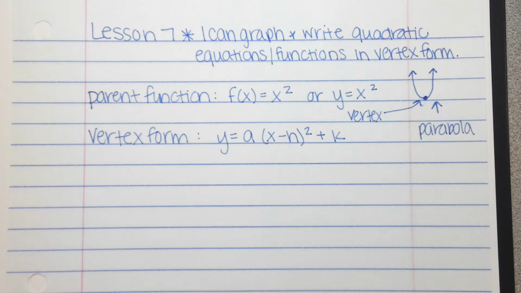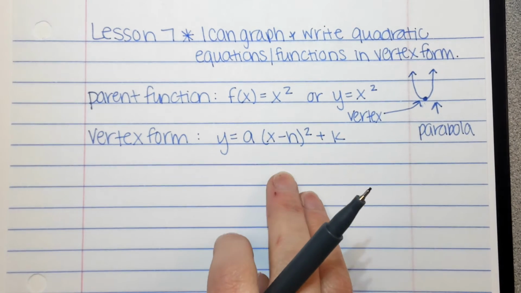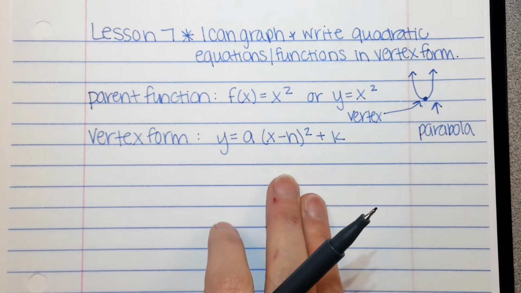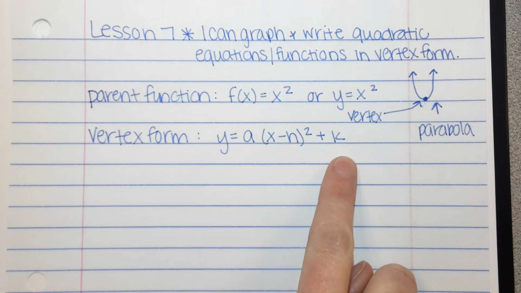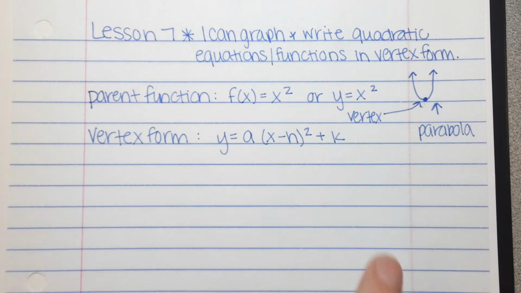And at least I said that if you got used to point slope form, it would be helpful later on. And so this is when it's helpful because the vertex form is very similar to the point slope form. And if you look at your vertex form, you can find lots of different information from it.